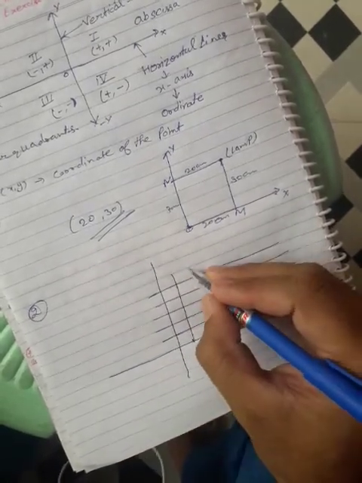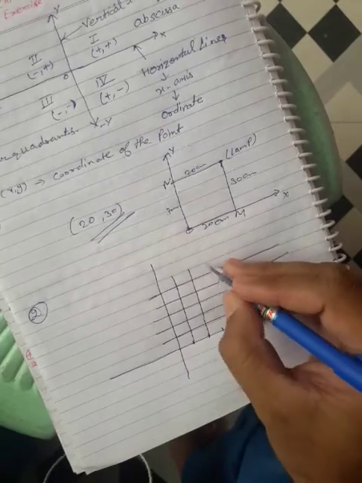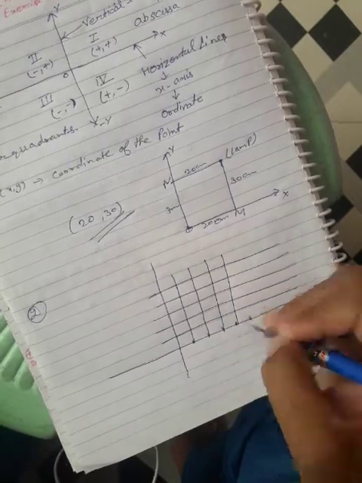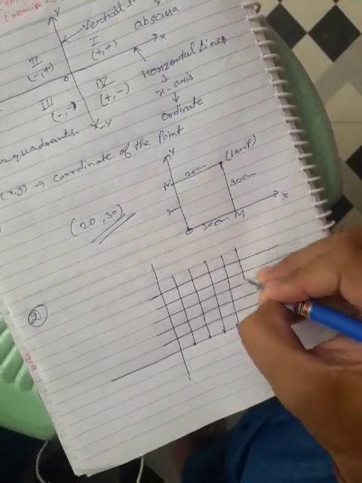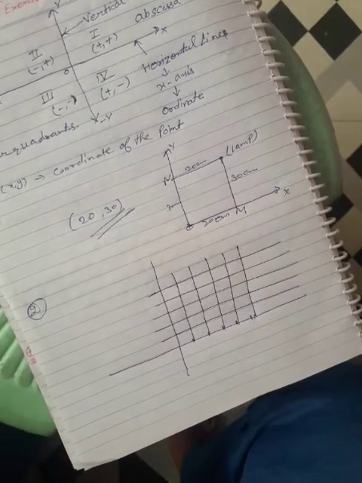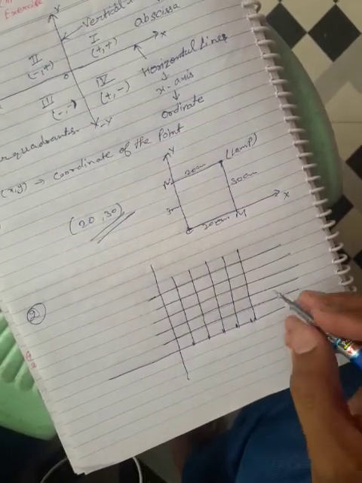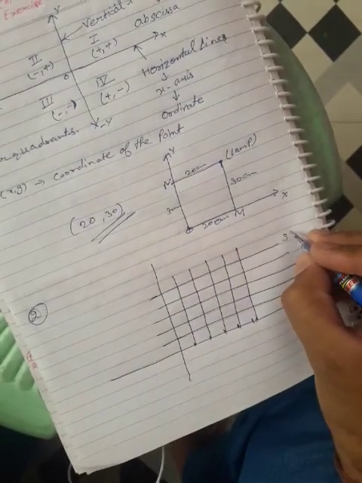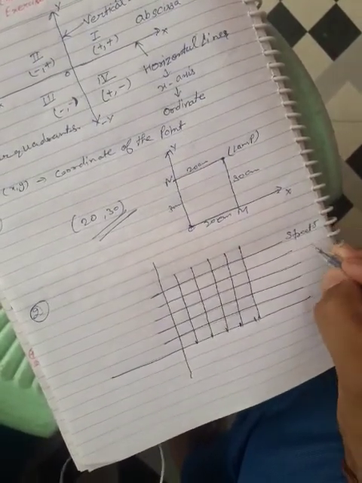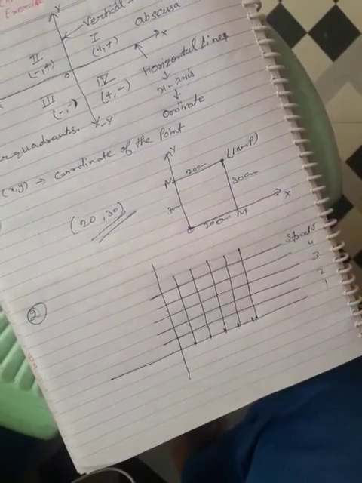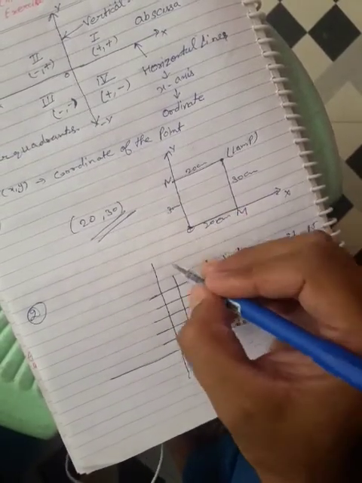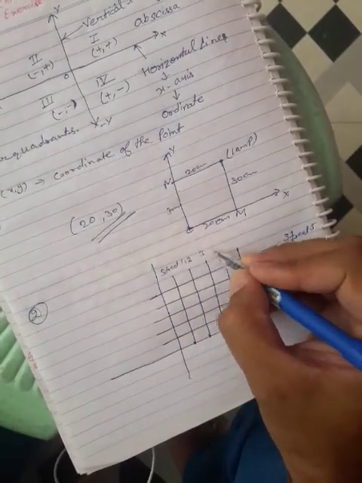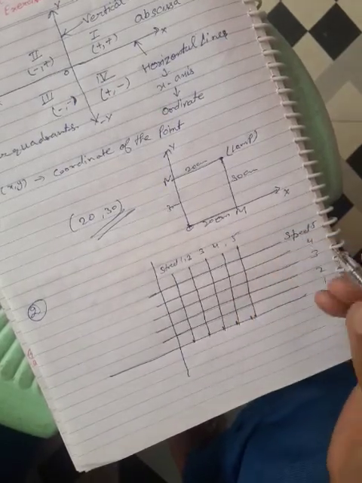Firstly we have 1, second we have 2, third, fourth, and street 5 we have. Equal differences. Okay, this is street 5, 4, 3, 2, 1, and here also street 1, street 2, street 3, street 4, street 5.